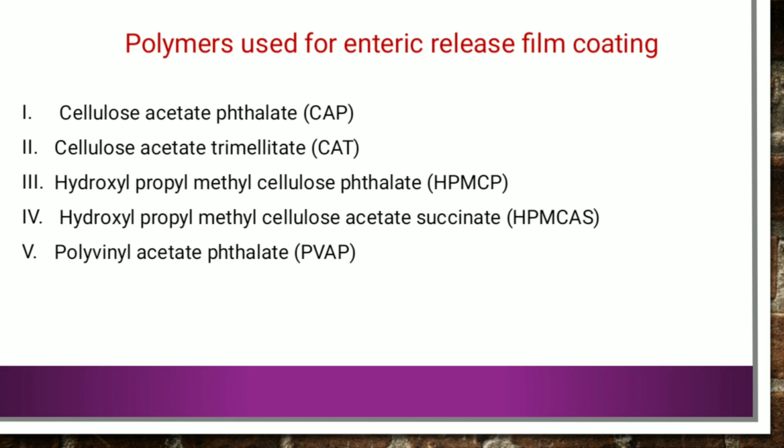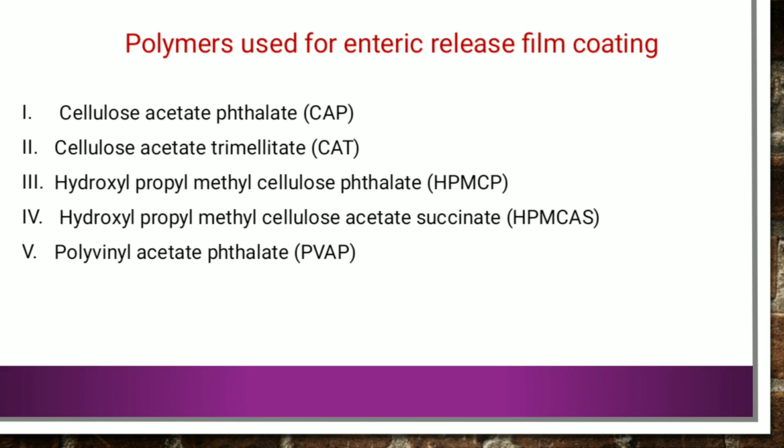It is commercially available in three grades, that is L, M and H, which correspond to pH dependent release profiles of low pH, that is 5, medium, that is 5.5, and high, 6.5 pH respectively.